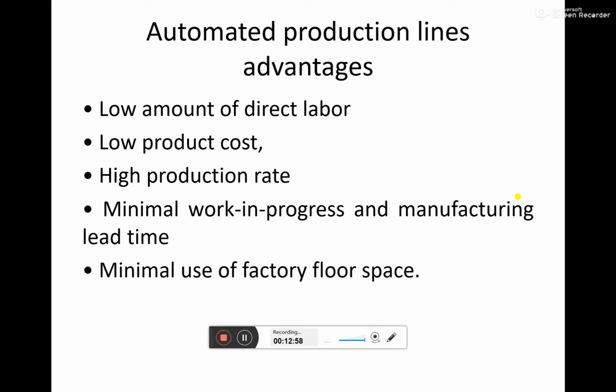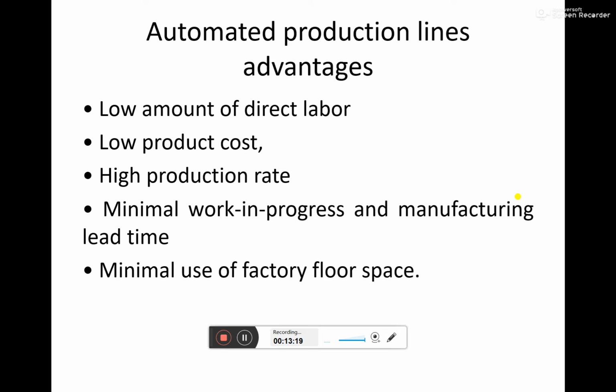The work may be moving between workstations, or sitting in inventory or storage, or there may be setup times. All these come into the picture. Those things you can minimize if you are using automated production lines.